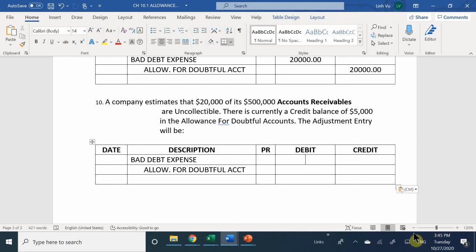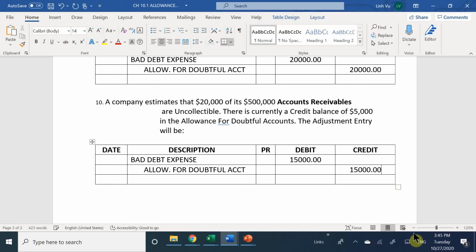Because we're dealing with the balance sheet method, we currently have a credit balance of 5,000. How many more do we need to get to 20,000? And this is why we subtract. Okay, so 15. 15 is correct.